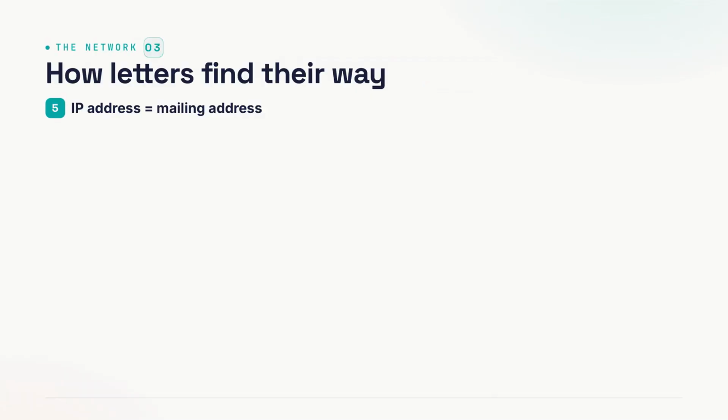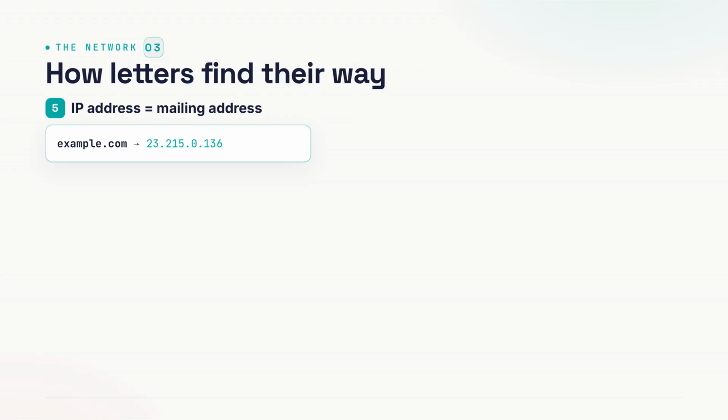The letter's written. How does it find the facility? The IP address is the mailing address. Every server on the internet has its own unique number. But you don't type numbers, you type a name, example.com. Something has to turn that into the real address, 23.215.0.136.